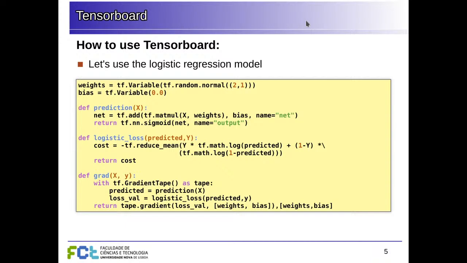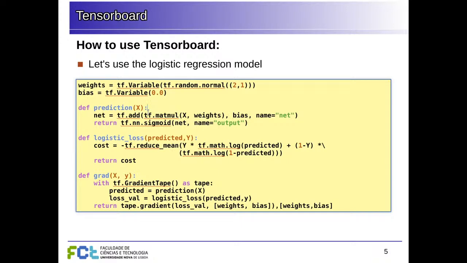So let's start, for example, with the logistic regression model and do a simple binary classification here. This is the same that we used last week. So we have the prediction here by doing the matrix multiplication of the weights and the inputs, and then we add the bias there.